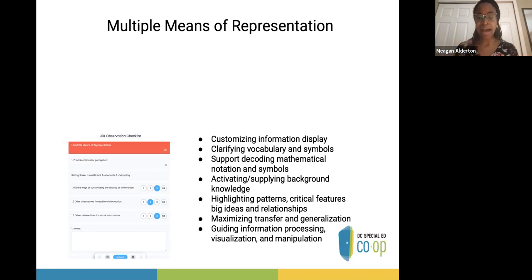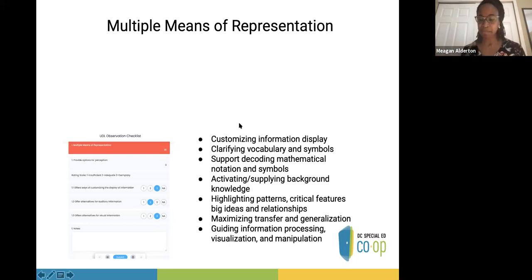We heard about how background knowledge was supplied for the students. We saw that the teacher at the very end highlighted the patterns, right? Actually, in the beginning, patterns were highlighted with the ratio table, and then the critical features and the big ideas were highlighted at the end. So we really got to this maximization of the transfer of material.